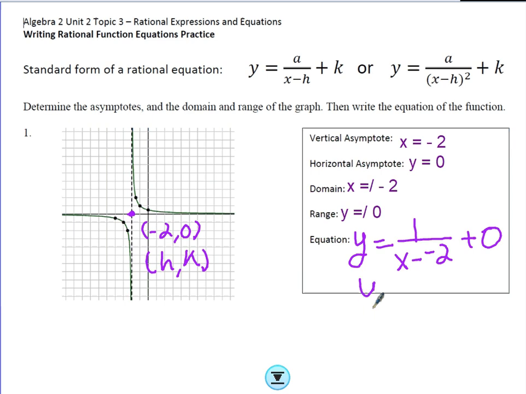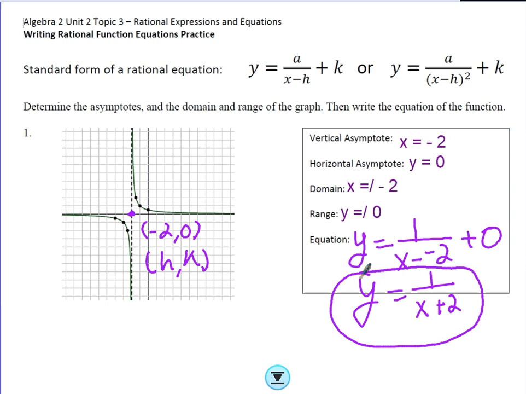When you simplify, that's y equals 1 over x minus -2, which is x plus 2. You don't need to put the plus 0 there because it's a 0, so that can go away. So that is number 1.